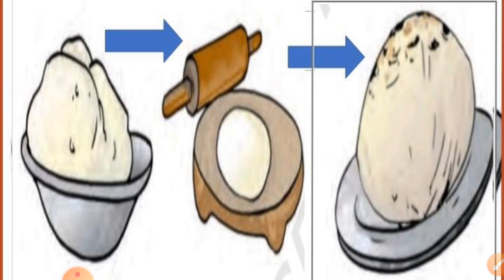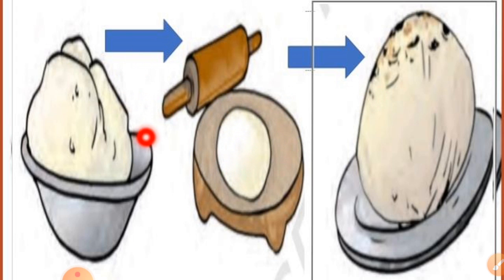So when we apply force on the ball of dough, its shape will change, and after changing the shape, when we give it heat, its structure will change. It is raw and it is cooked. So changes are caused by heating, pressure, mixing, etc.